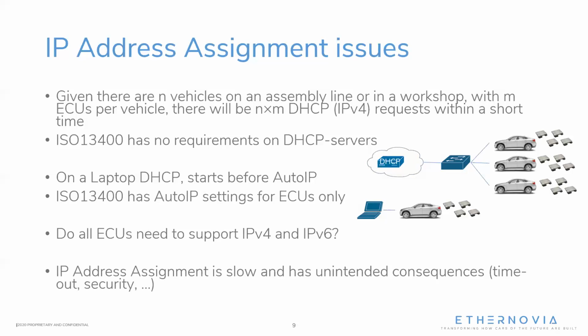And technically, if you read through the document, you might come to the conclusion that ECUs might have to support both, which seems highly inefficient. So the IP address assignment process as currently defined is slow, and we have seen a lot of unintended consequences in terms of timeouts, and we will get to the security issues in a later slide.